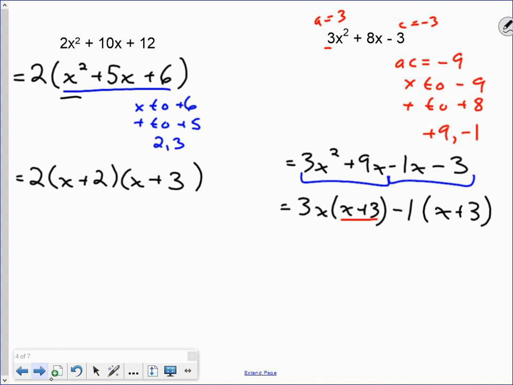Negative 1 times x will give me negative 1x. Negative 1 times 3 will give me the negative 3. Now I can common factor out this x plus 3 term that is common. So x plus 3. And I'm left with all of this stuff, 3x minus 1, that I haven't already factored out. So there is our factored form.